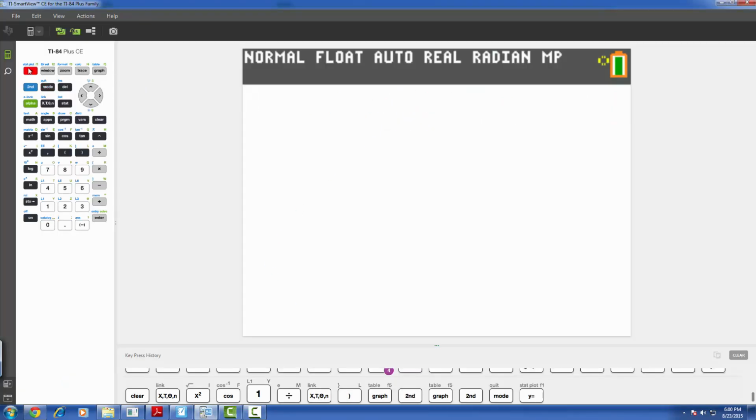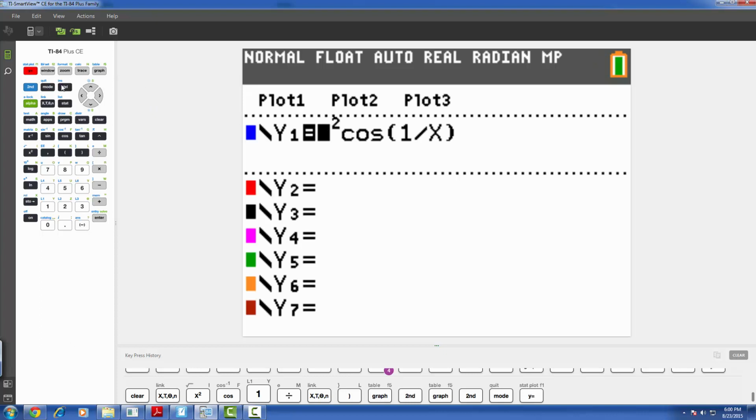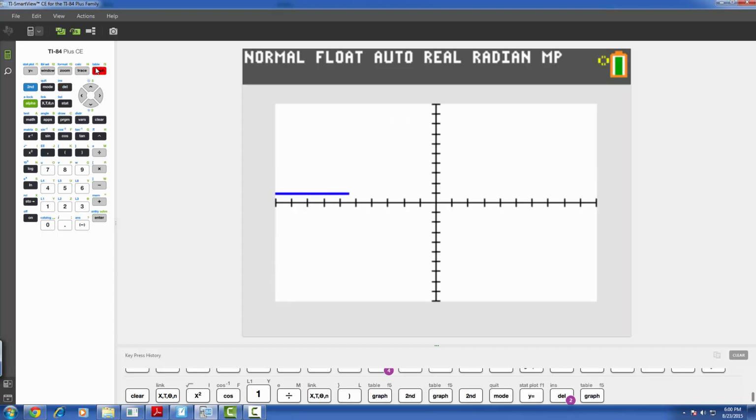So, going into our function, let's delete the x squared and hit graph. Looking at our graph, we can see that our y values are a little bit more than negative 1, but a little less than positive 1.